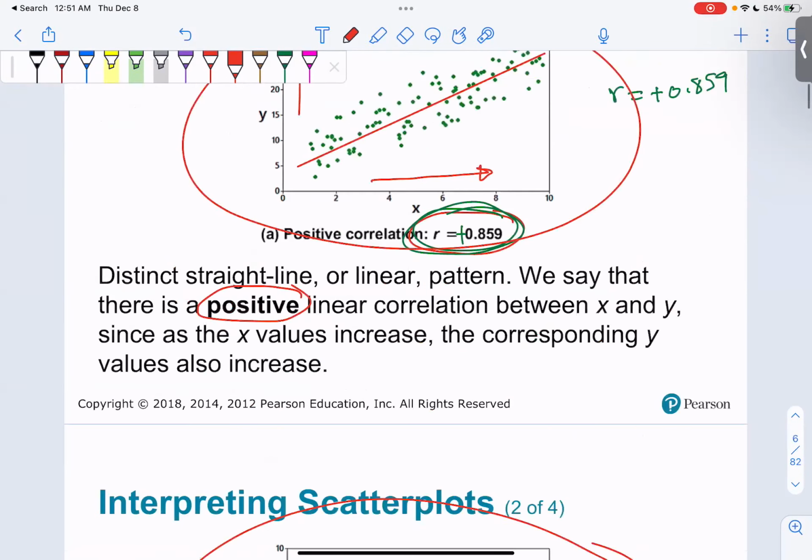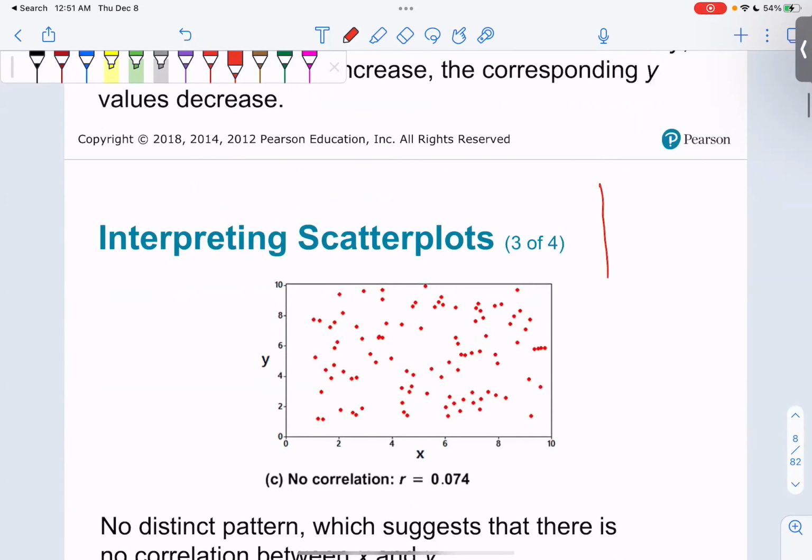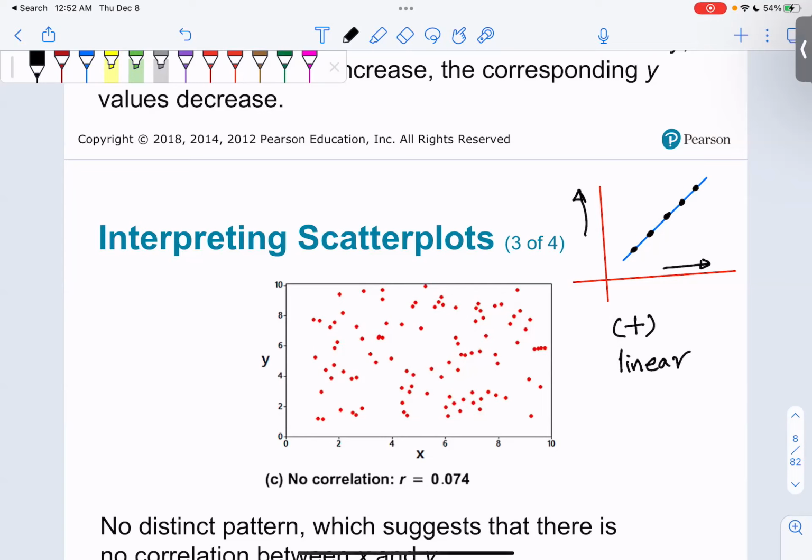Okay, let me ask this question here. If we have a relationship like this, and we have a straight line and all these dots here, what do you think the relationship is? For the first one, the relationship is positive. As one increases, the other one increases too, so positive. And then it's linear, right? Because it's clear that all these dots are on the straight line.